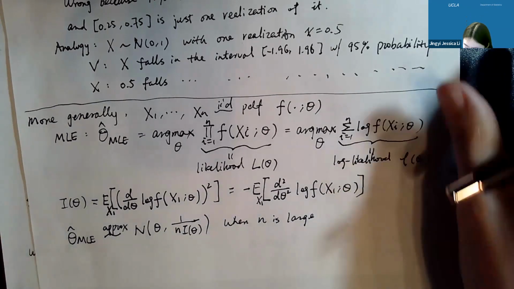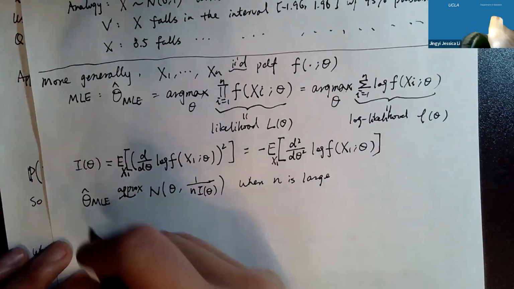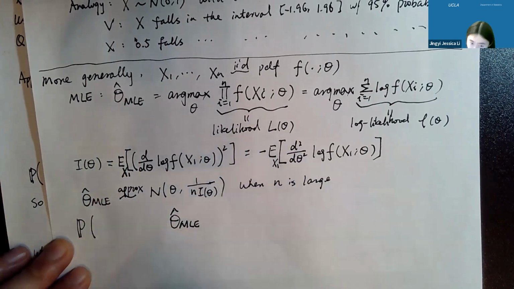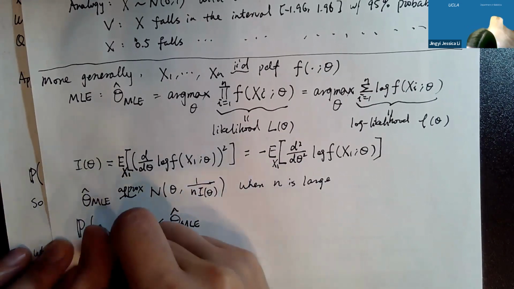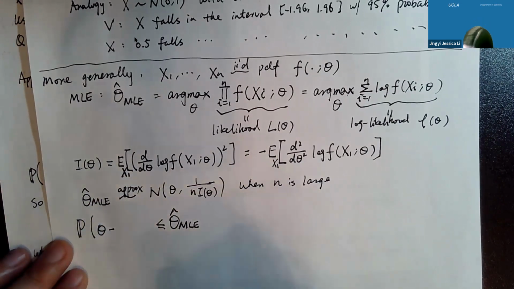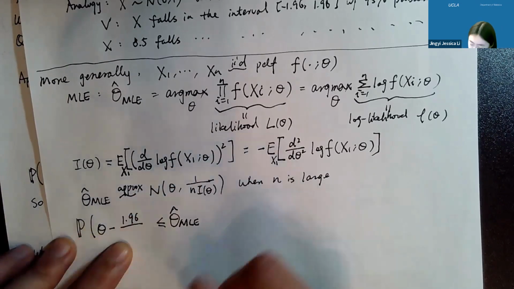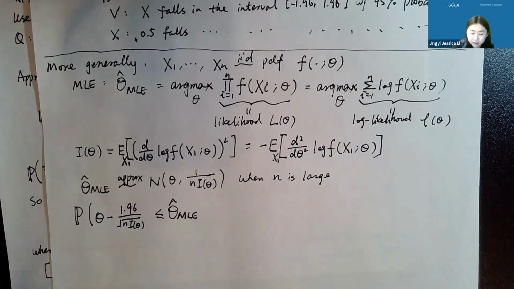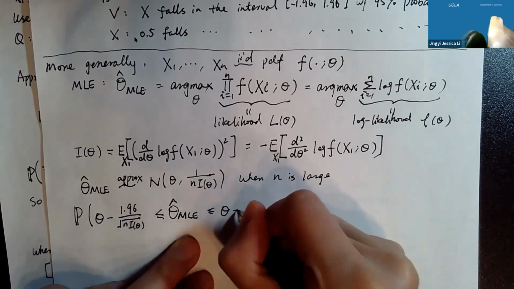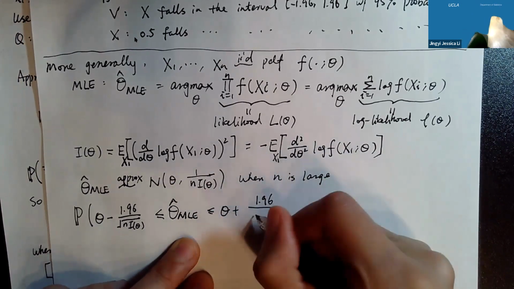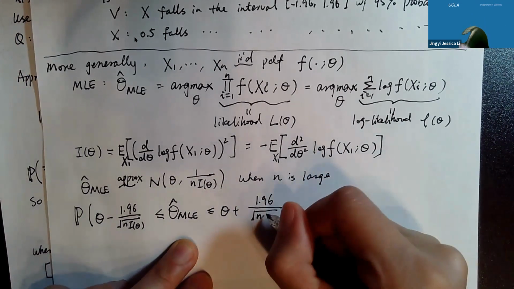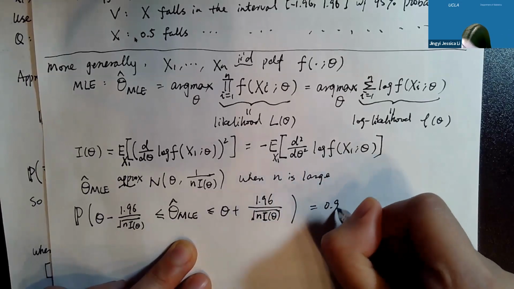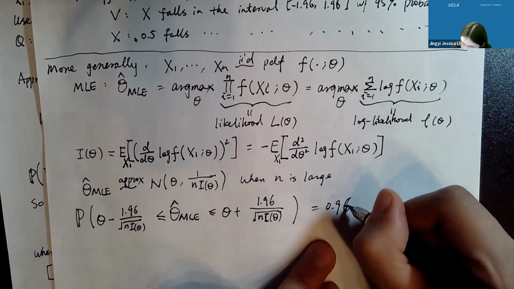Then I can use the normal property again to say that the probability that the random variable MLE falls between the normal mean minus 1.96 times the standard deviation, which is 1 over root of n times Fisher information I(theta), and theta plus 1.96 times the standard deviation, is 0.95.